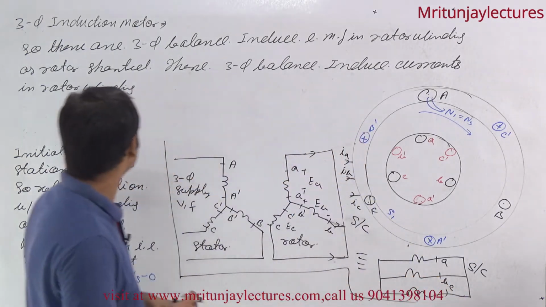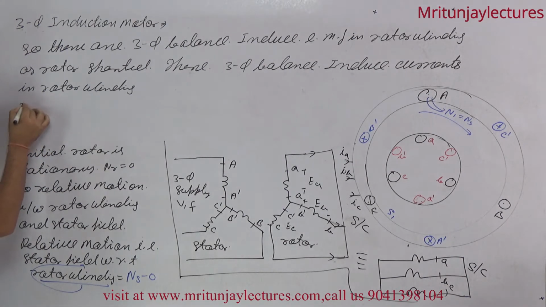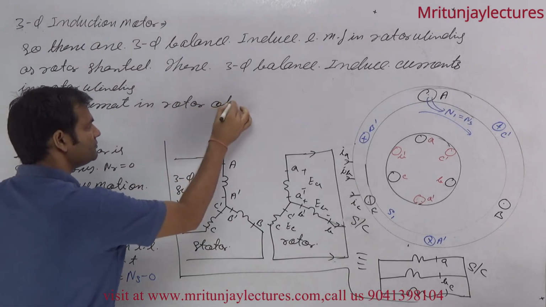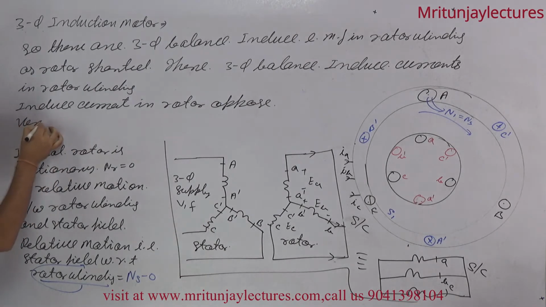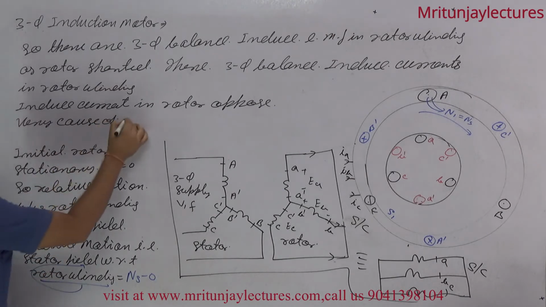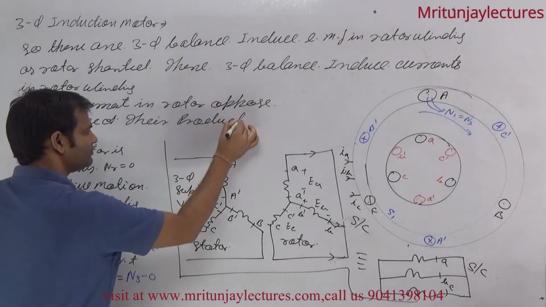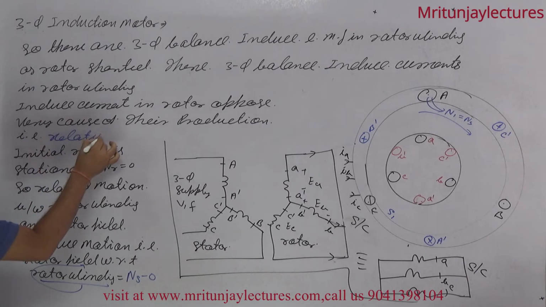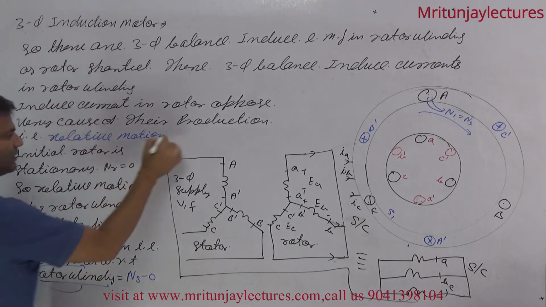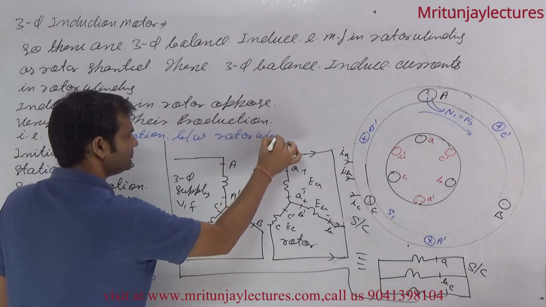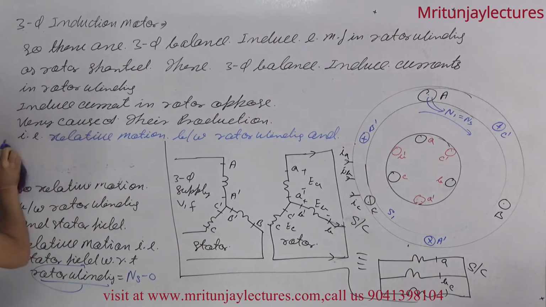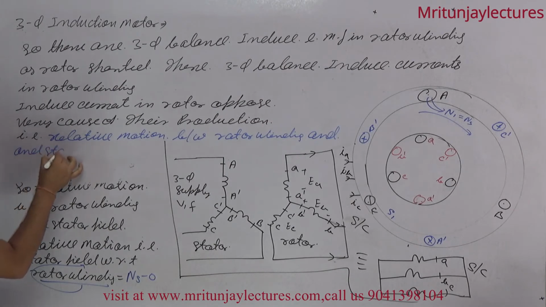So write: induced current in the rotor opposes the very cause of its production. Here the cause of production is relative motion between rotor winding and stator field. Clear?